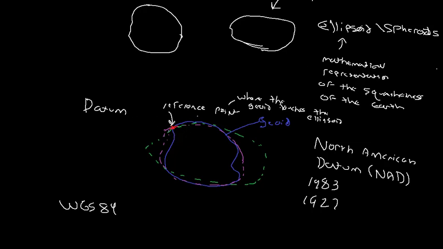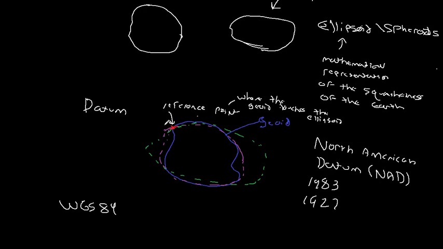And this reference point is going to be different for each datum that we have. Okay? Let me repeat that one more time. The datum is the relationship between the geoid and the ellipsoid tied through the reference point, which is where the geoid and the ellipsoid interact. And each datum is going to have a different reference point, and it's going to be optimized for different parts of the globe.